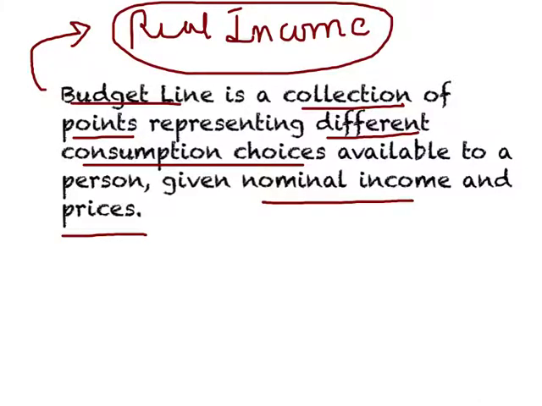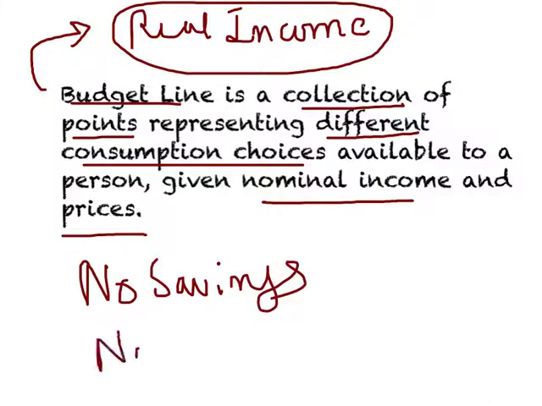If a person is richer, chances are this person will have higher real income. That means more consumption choices, and that should make intuitive sense. If a person makes more money than I do, this person will have more choices relative to me. And in this definition of budget line, of course, we have been assuming all along that there are no savings and no borrowings.